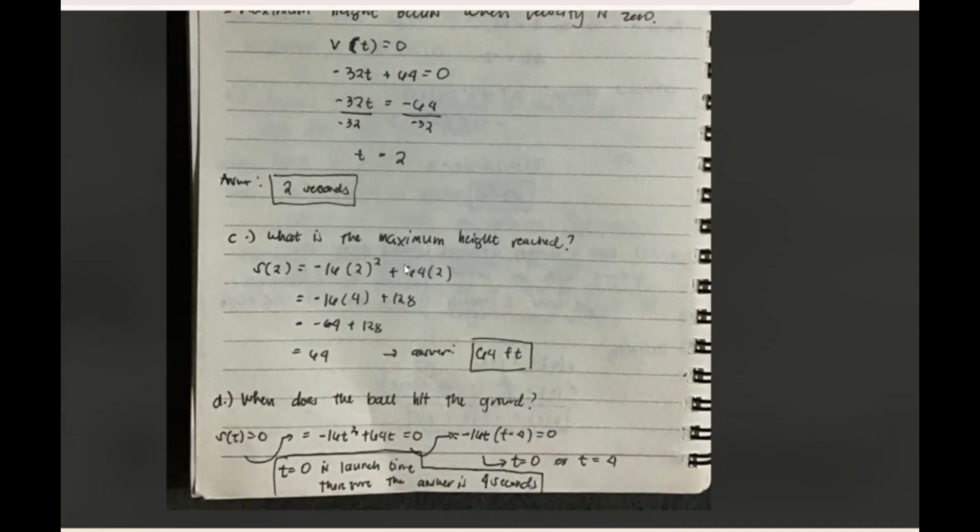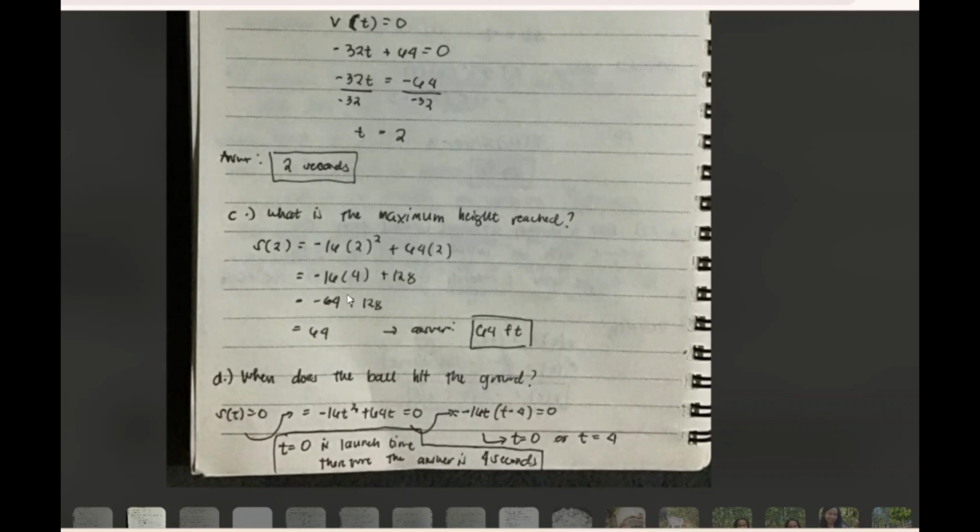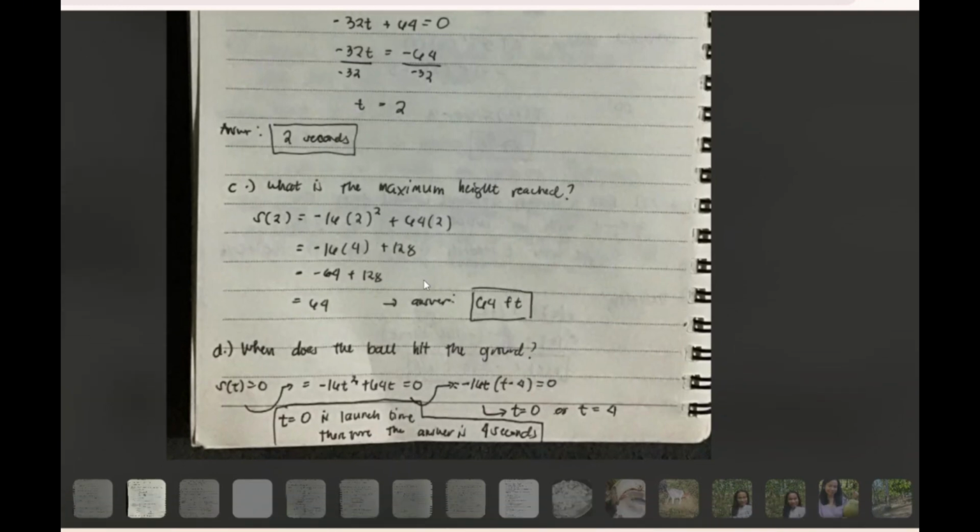By applying operations, 2 to the power of 2 is 4, and 64 times 2 is 128. So 4 times negative 16 is negative 64, plus 128. The answer is 64. So therefore, the maximum height reached is 64 feet.